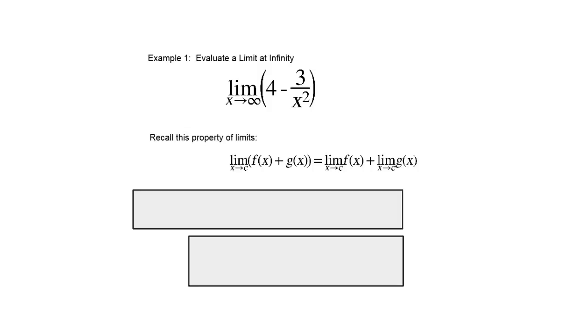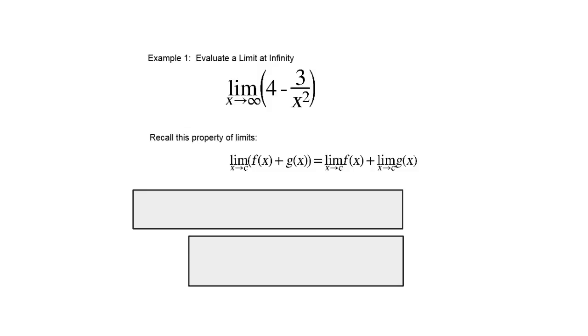the limit as x approaches c of the quantities f of x plus g of x equals the limit as x approaches c of f of x plus the limit as x approaches c of g of x. And for the purpose of this function, f of x is 4, so 4 is the constant function at y equals 4. And g of x is 3 over x squared.